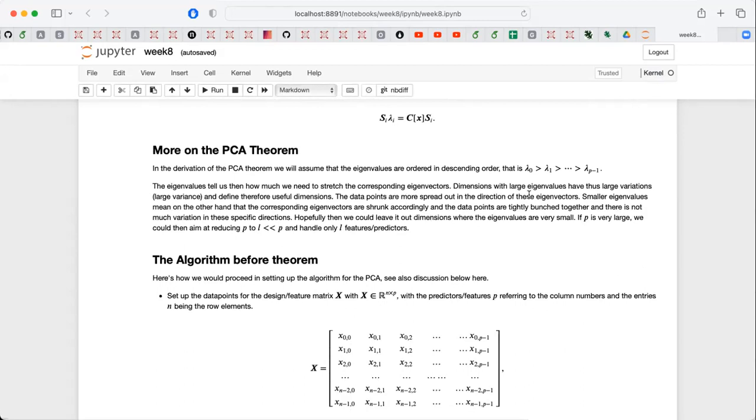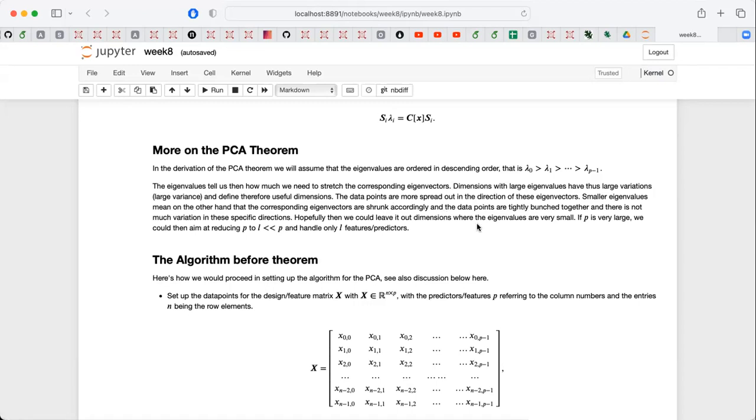Dimensions with large eigenvalues, the x-axis in our case, have large variations and large variance, and therefore define what we will call useful dimensions. If something doesn't vary, it means this is a degree of freedom which is well established. There's basically no uncertainty. If you have a large uncertainty, then we would have to consider that degree of freedom in more detail.